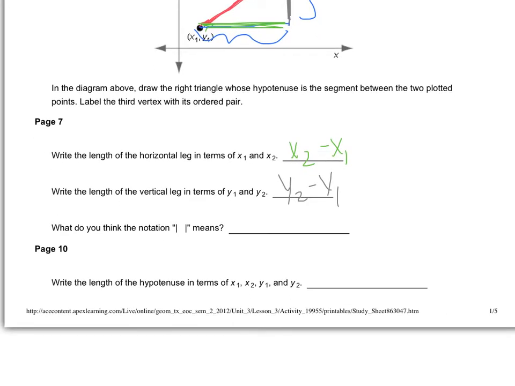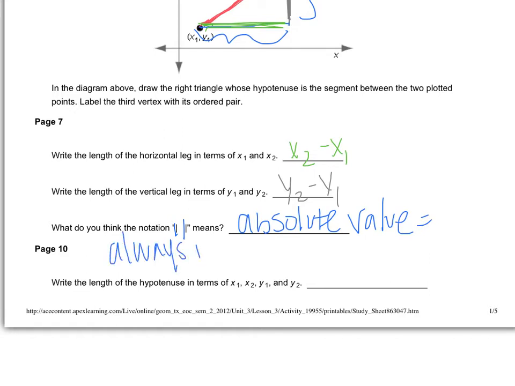So when you see this weird notation, this line thing, this means absolute value. And absolute value just means that you always make the number positive.